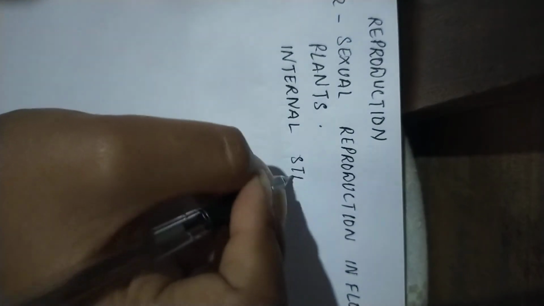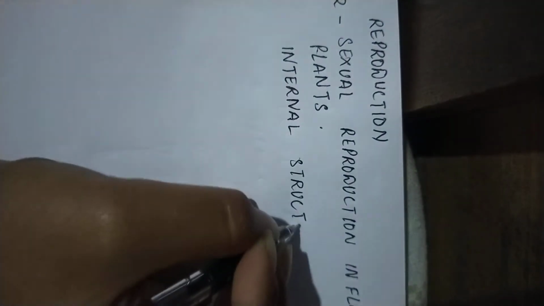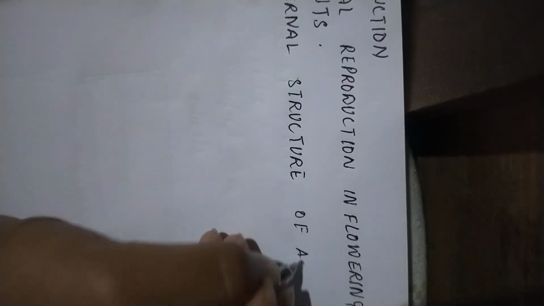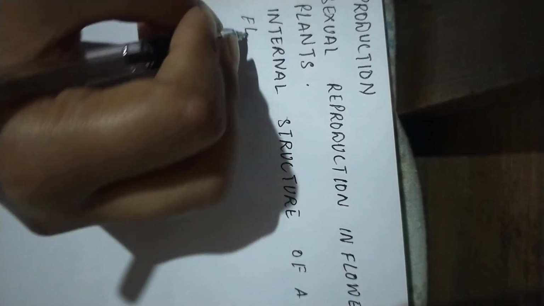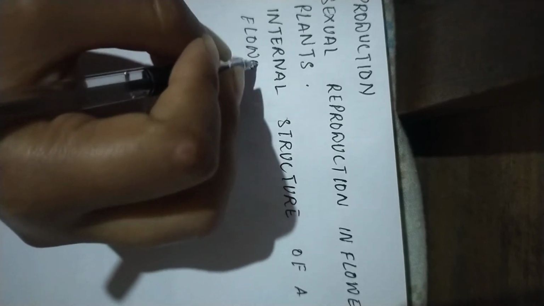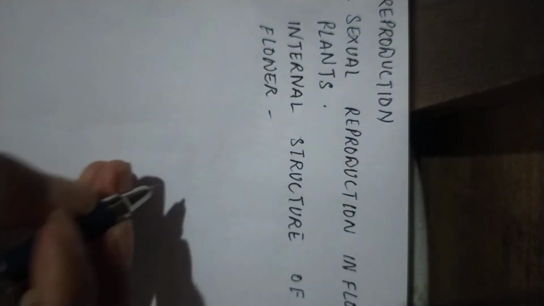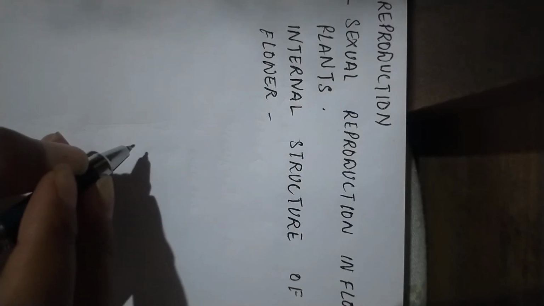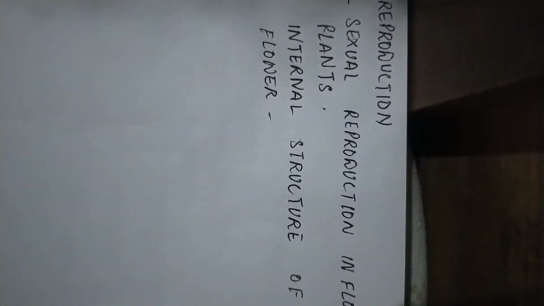Internal structure of a flower. So as we know, the flower is a modified stem.